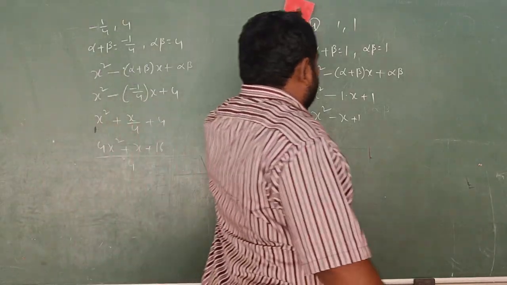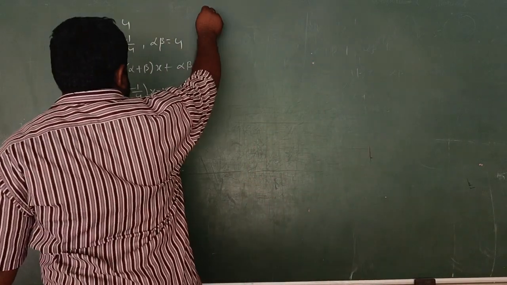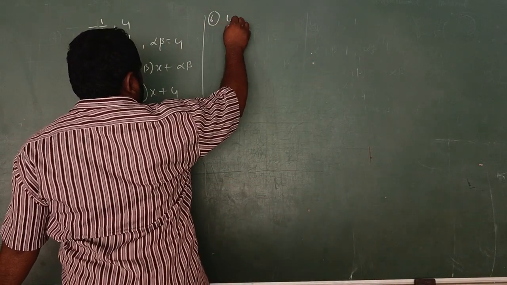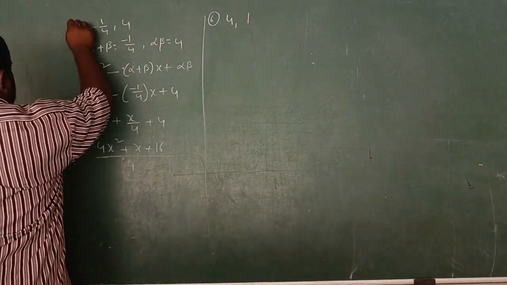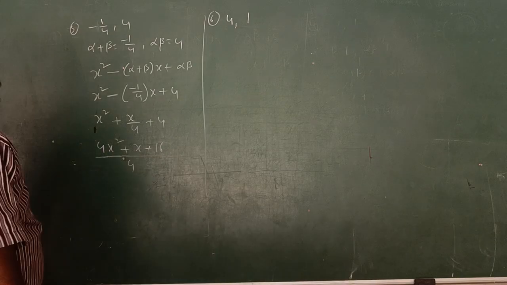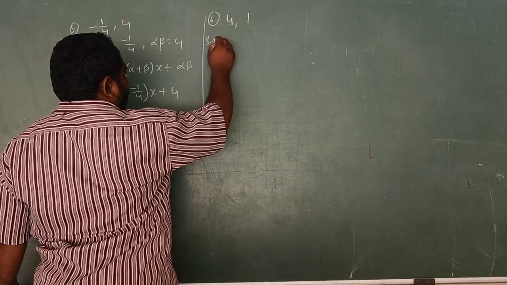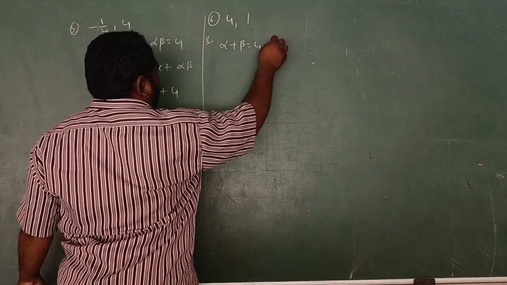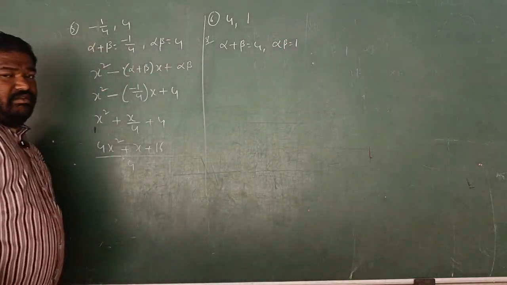And the last one in this Roman, the sixth one. Sum of the zeros is 4, product of the zeros is 1. Solution: given sum of the zeros alpha plus beta equals 4, product of the zeros alpha into beta equals 1.